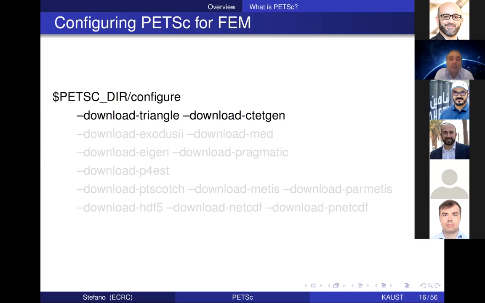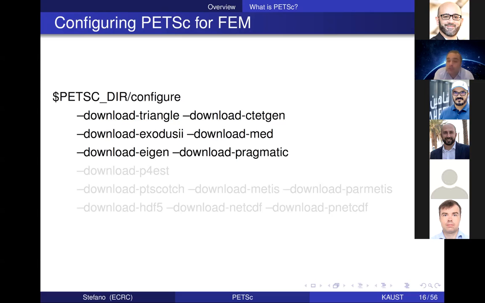Then you may also want to read meshes generated by different mesh packages, so you can tell PETSc to download Exodus and MED. These packages provide an API to read meshes. You can download Pragmatic, for example, and do adaptive mesh refinement. Or you can also download p4est and do adaptive mesh refinement with quadrilateral or hexahedral meshes.